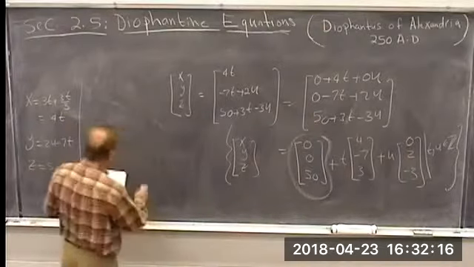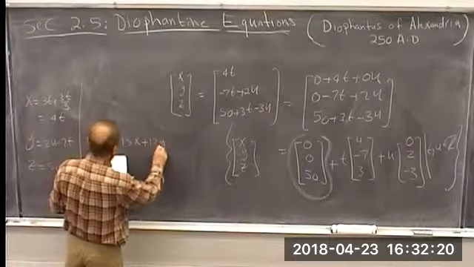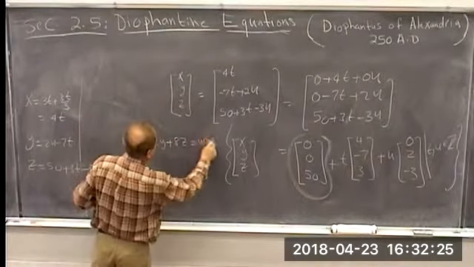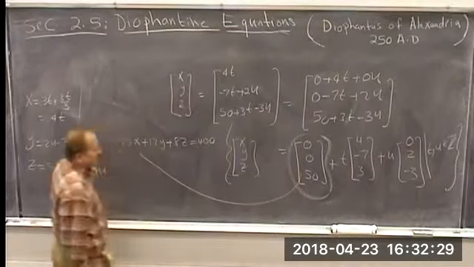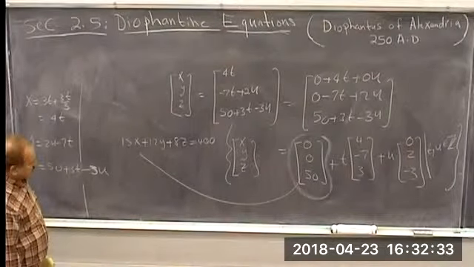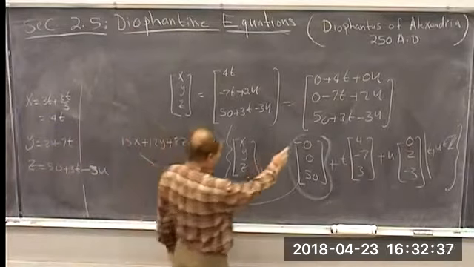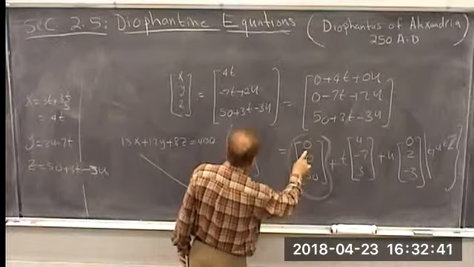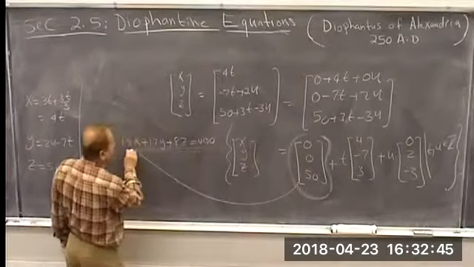So if you take the original equation and you substitute for x, y, and z by this, you come up with a particular solution. This is a solution. Scratch what I said about homogeneous. This is actually a solution for this.